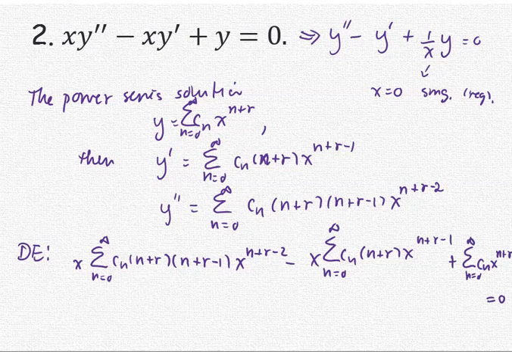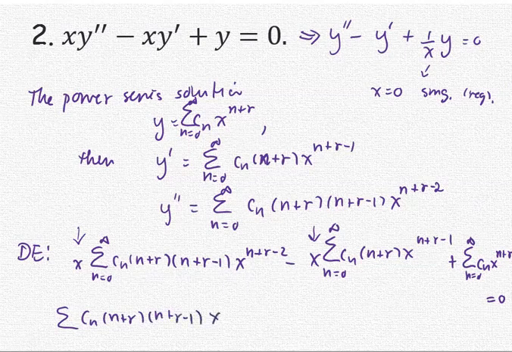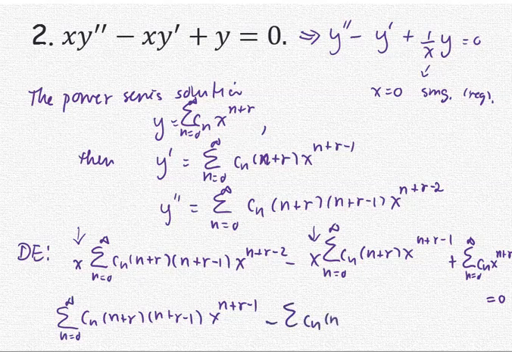The first two summations have x as an extra factor, so adjust it by multiplying x into each term. Then the power of x is added by one more. So for the first one, the power of x becomes n plus r minus 1. And the second term, summation Cn, n plus r, x to the n plus r, because minus 1 plus 1 becomes adding 0.